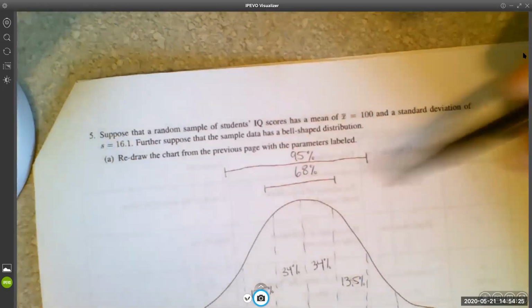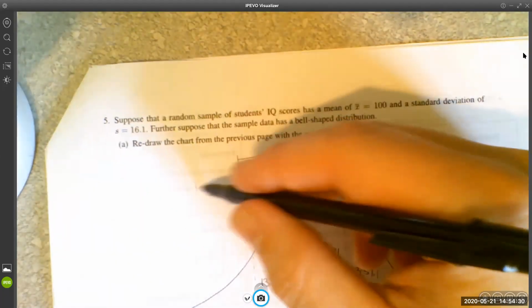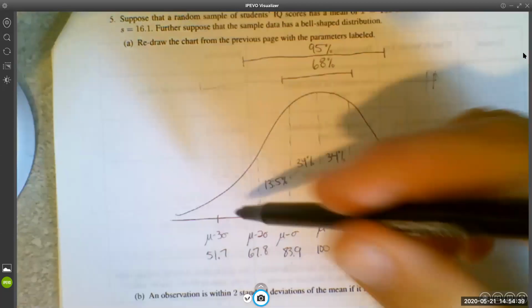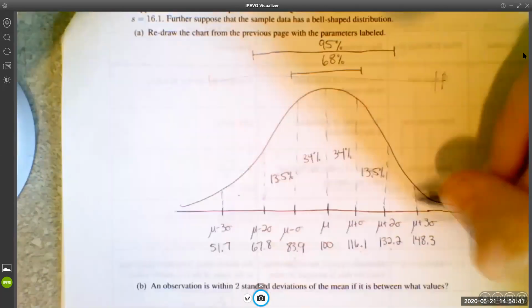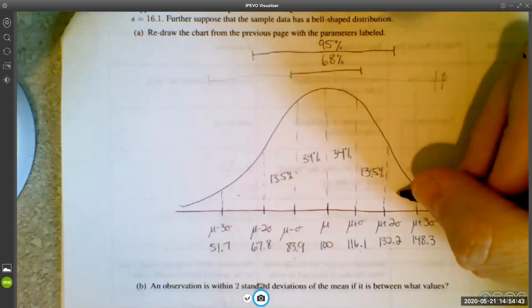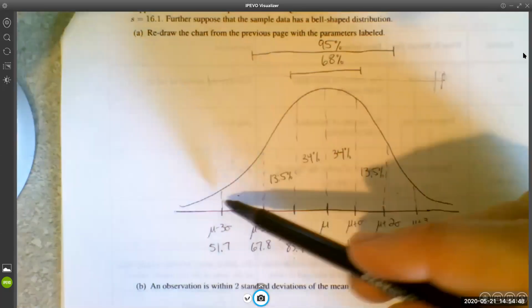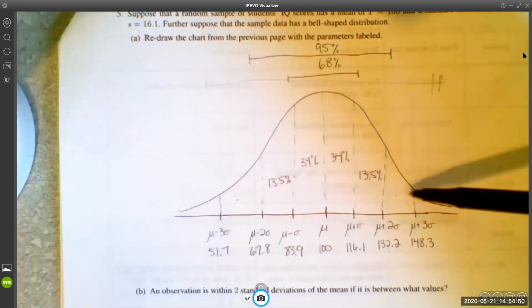We know from the empirical rule, and I've run out of room to draw this, that 99.7% of the data, so almost all of the data, is within 3 standard deviations. So if you want to figure out exactly how much of it is here and how much of it is here, well, you can say, 99.7% of it is between these two fences, but 95% of it is already accounted for in the middle.